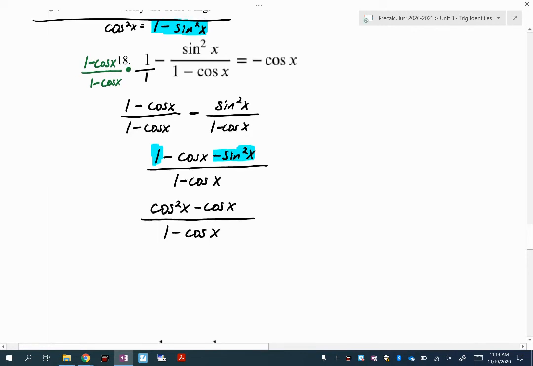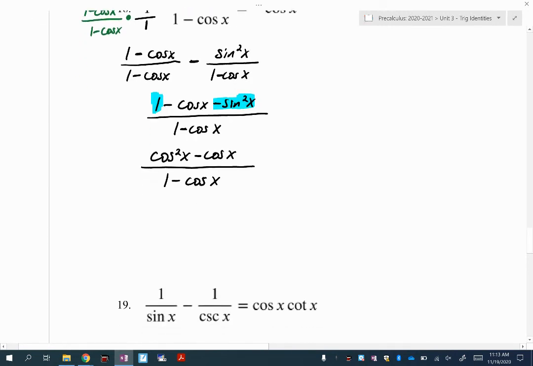Now the numerator has cosine squared x minus cosine x, which means you can factor out a cosine x. So I'm going to take out a cosine x and write cosine x minus 1.